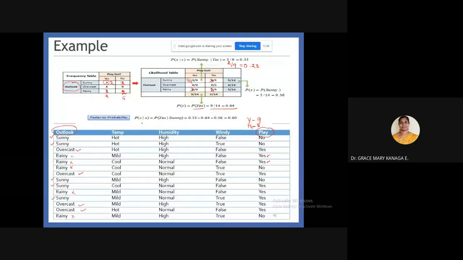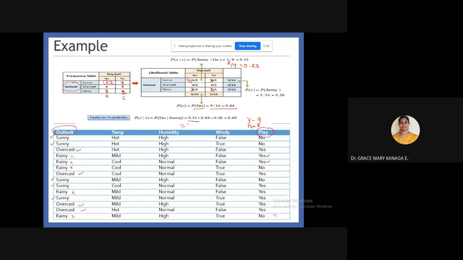So how will you calculate the posterior probability? The probability of C given X, that is P of yes given sunny. What is the formula for this?